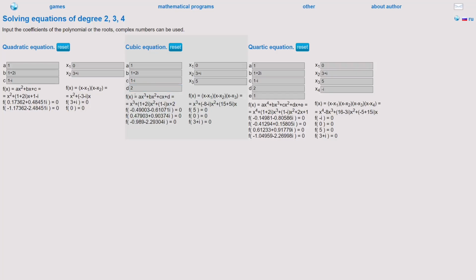The program automatically shows you the polynomial and finds all of the roots. You can also input the values of the roots, and the program shows the same, the polynomial and the roots. You can use quadratic, cubic or quartic equations.